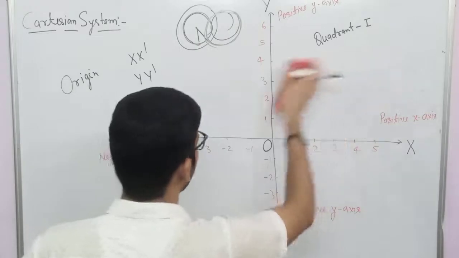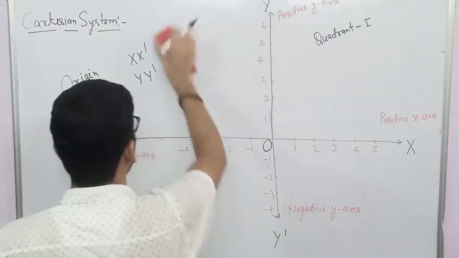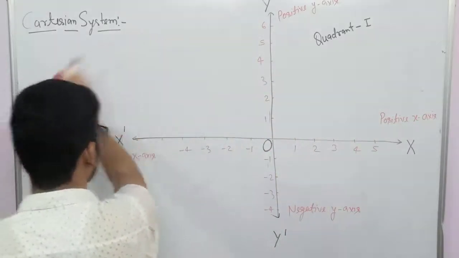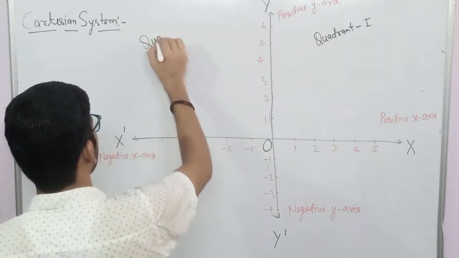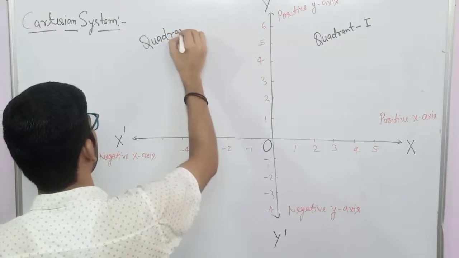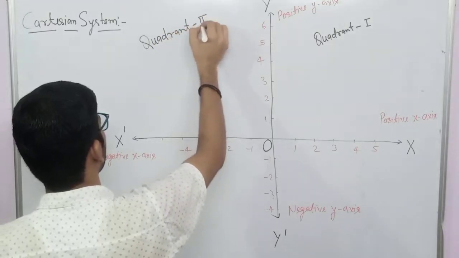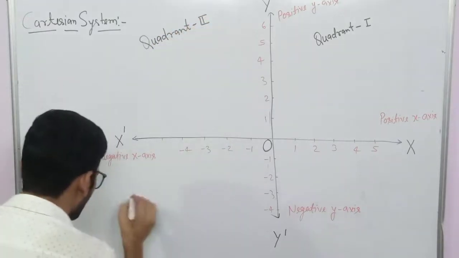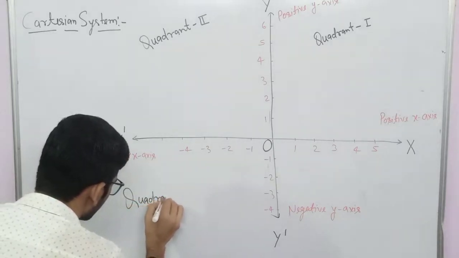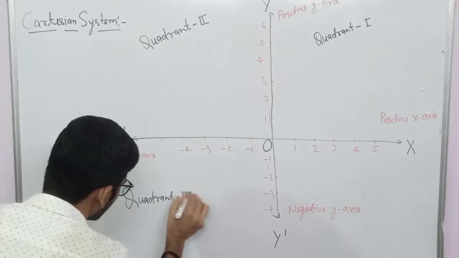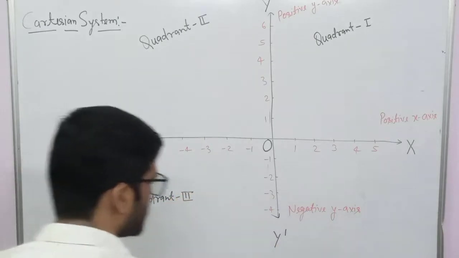So you can write quadrant first, here quadrant second, again here quadrant third, and quadrant 4.